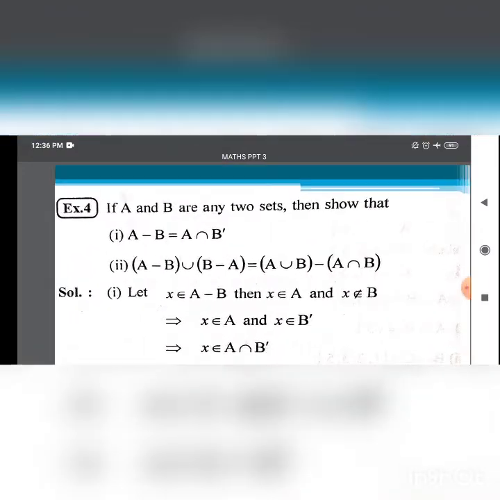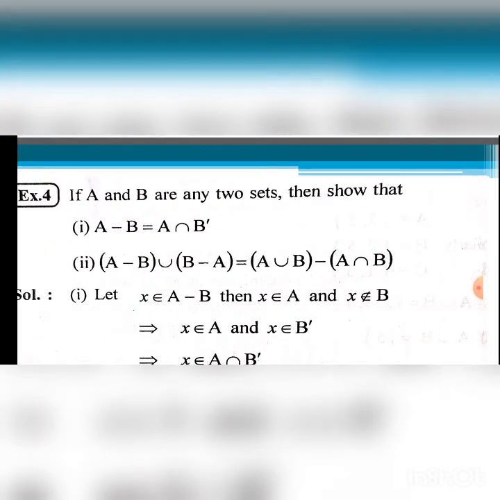Similarly, we will prove this second condition. Firstly, we take one element from left hand side and we will show that element belongs to right hand side, and then we prove it conversely. Okay. So see next, let x belongs to A minus B union with B minus A. So union means what? We have already seen union means OR.